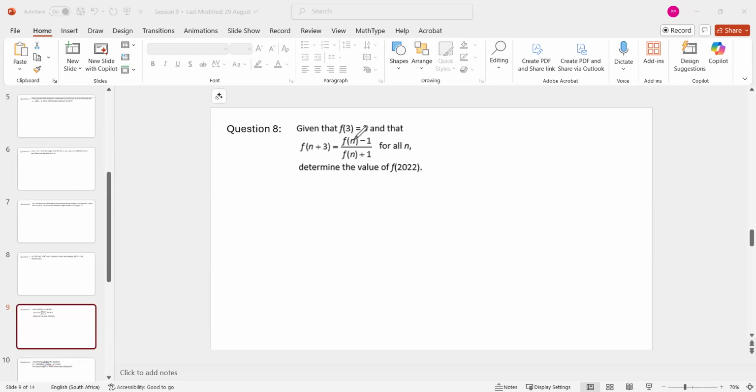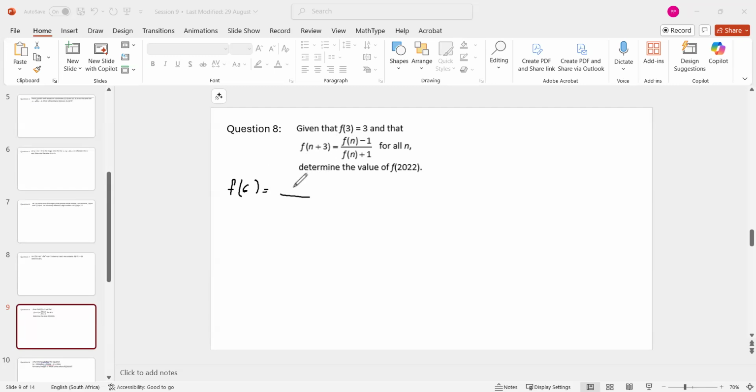So that is nice. I can work out f of 6. So it's f of 3 plus 3. Then n is equal to 3 now. So you can put the 3 inside here, and you get 3 plus 3 is 6. So this is f of 6 equals, now this is a fraction.